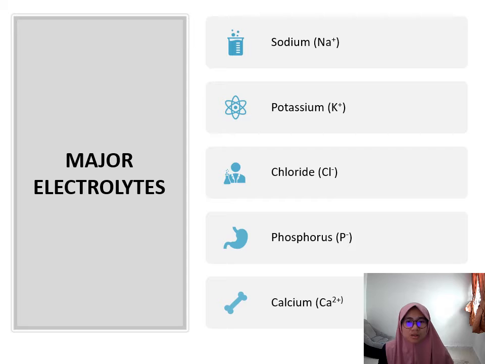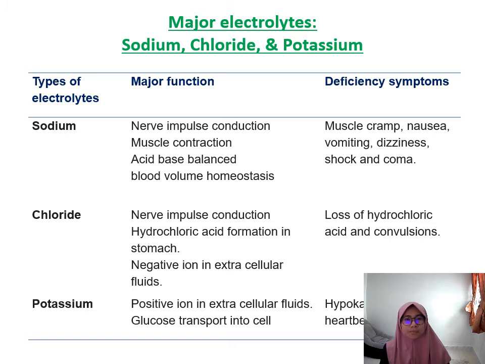Okay, these are the major electrolytes in our body: sodium, potassium, chloride, phosphorus, calcium. If you can see here, the plus symbol is the positively charged ion, and the minus symbol is the negatively charged ion. These are some major electrolytes in our body: sodium, chloride and potassium.